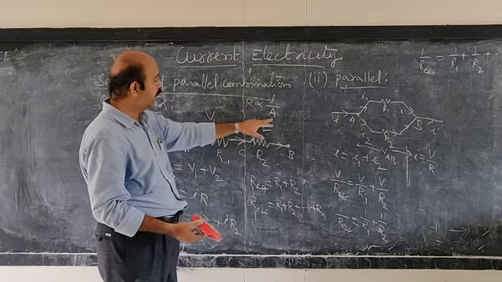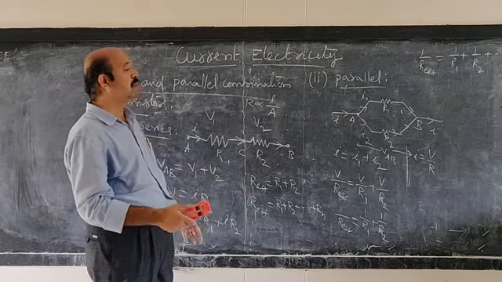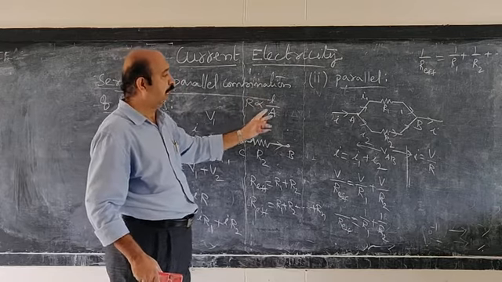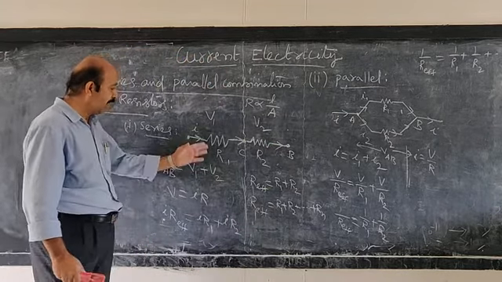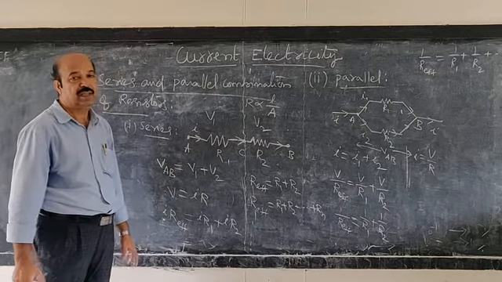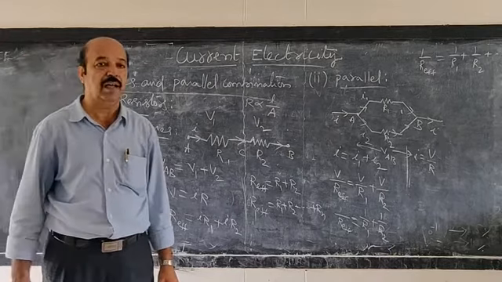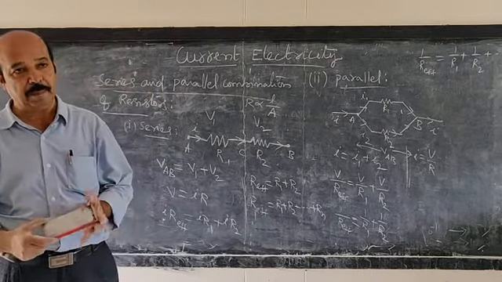The resistance depends inversely on the area, hence the effective resistance should decrease. So we can use this to understand why in parallel combination effective resistance decreases and in series combination resistance increases. So that is about resistors connected in series and in parallel.